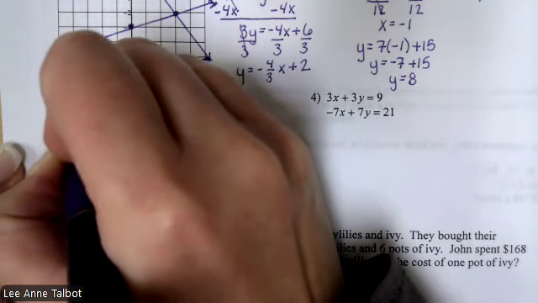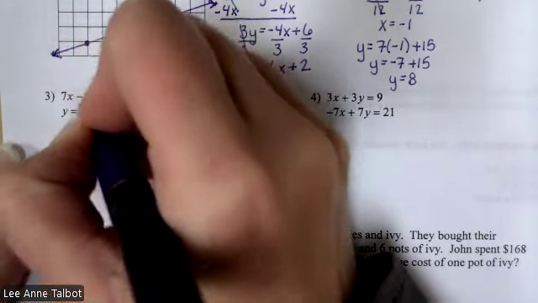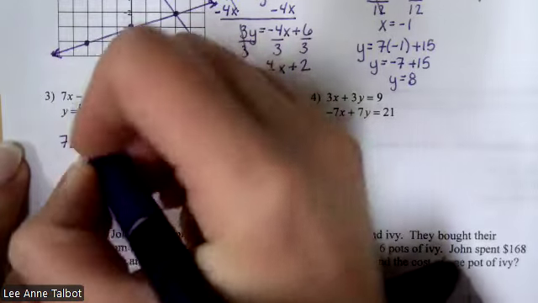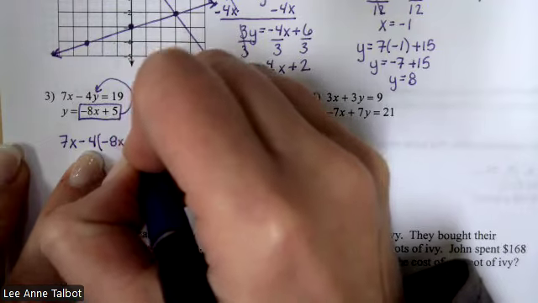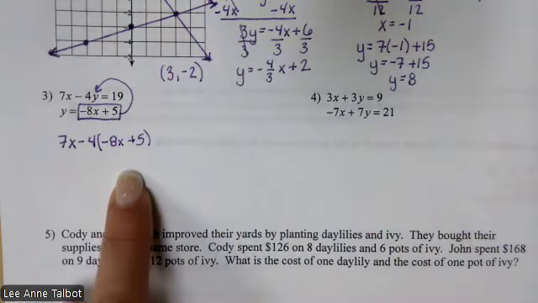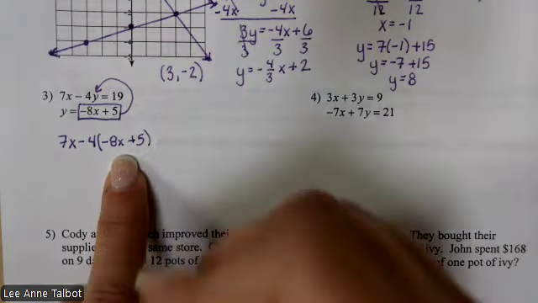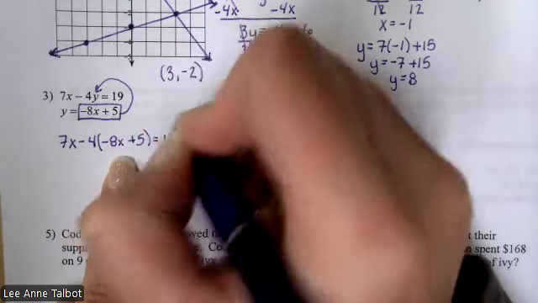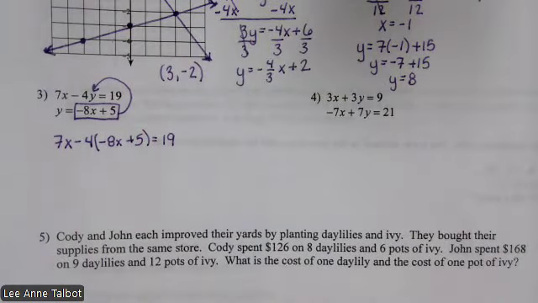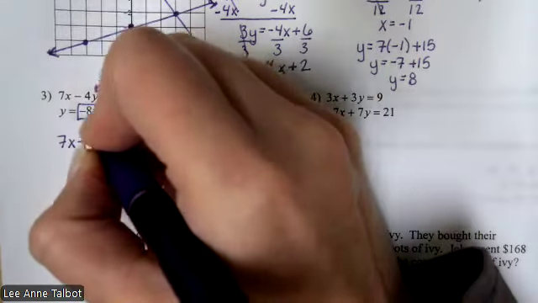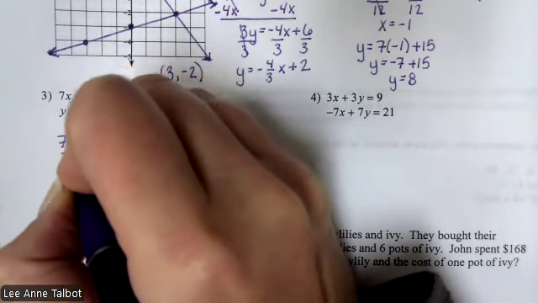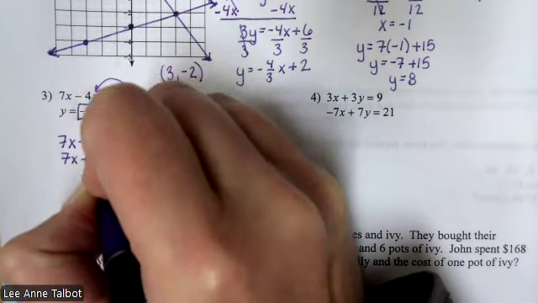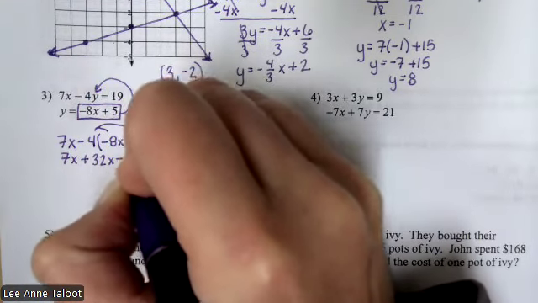So now I have 7x minus 4. And then the y is going to disappear. That's going to go away and be substituted with -8x plus 5. Make sure to put that in parentheses because we're going to distribute it. Equals 19. This is going to be positive 32x minus 20.